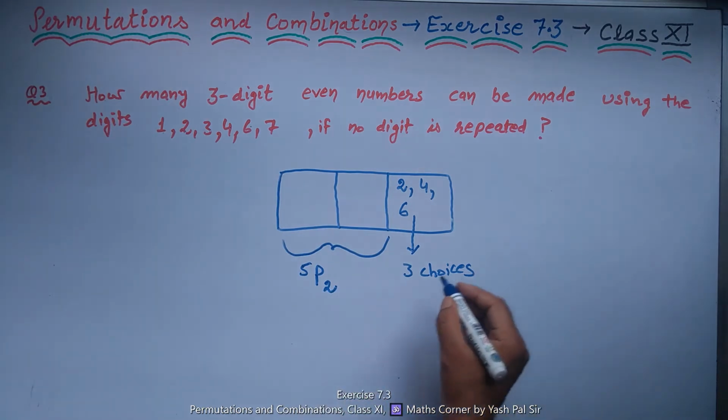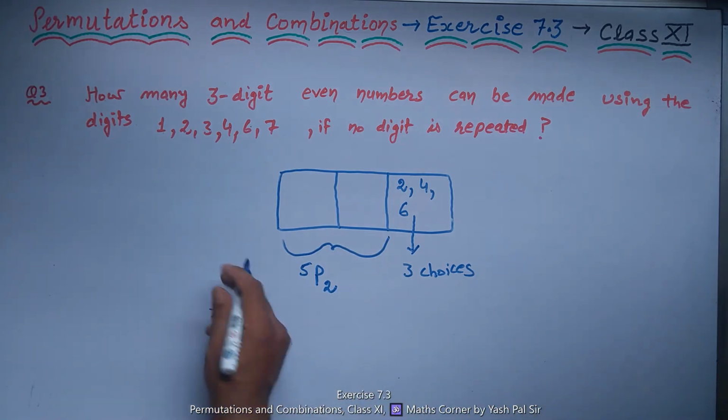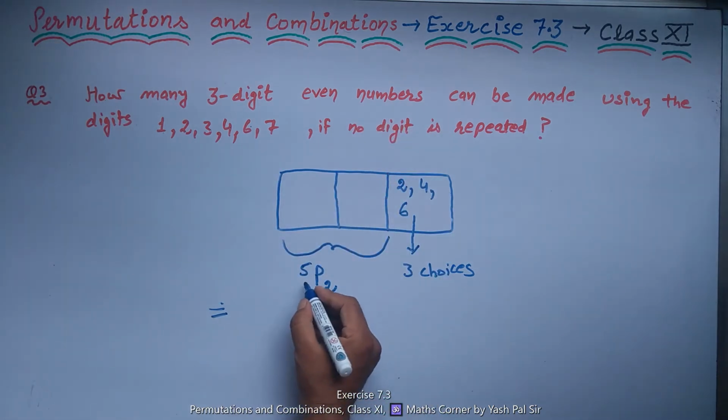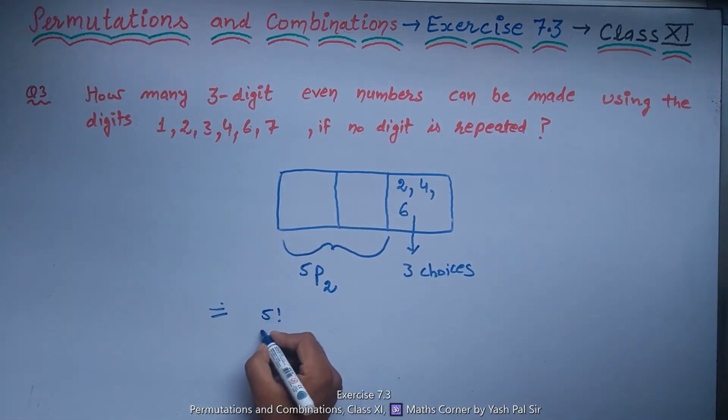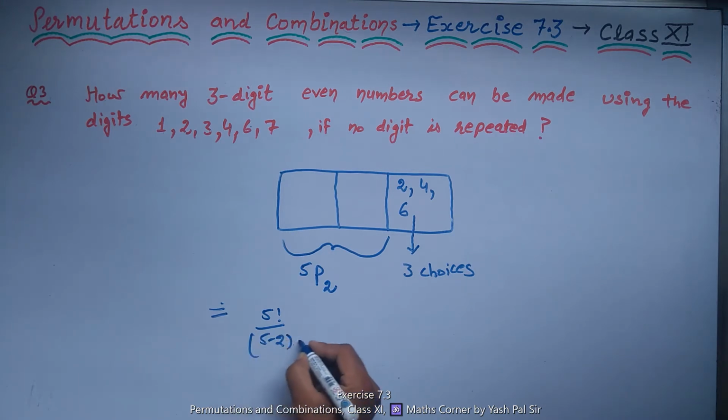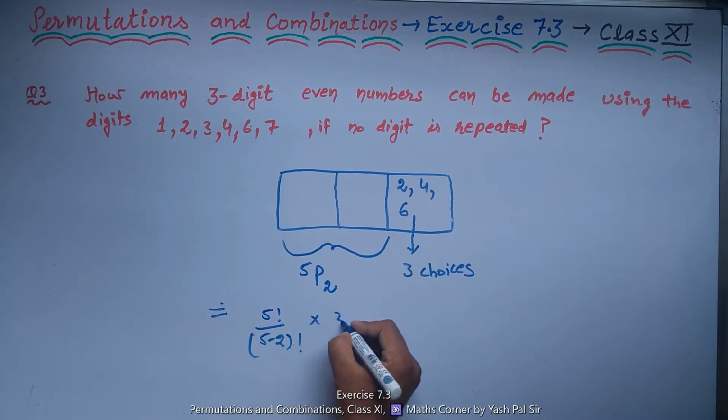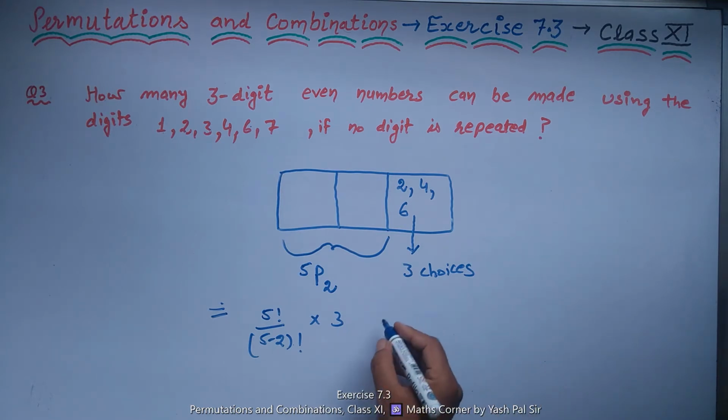So the total number of ways is equal to 5 factorial upon (5 minus 2) factorial, into 3 choices, that is into 3.